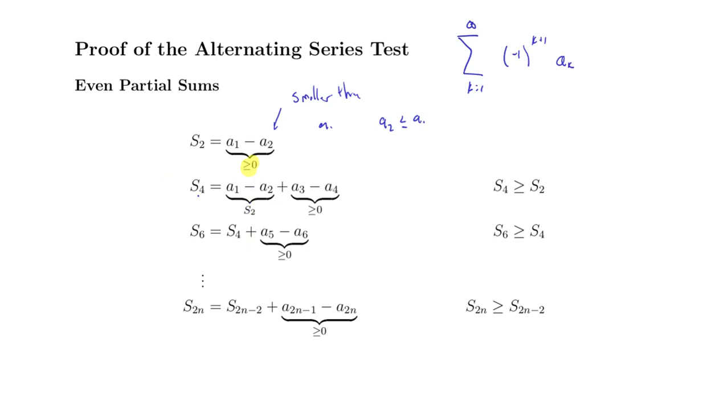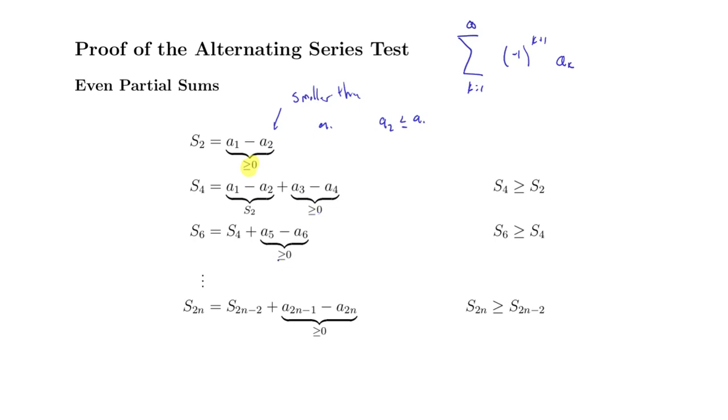All right, if we look at the first four terms, then notice this was s sub 2, which is greater than or equal to 0. Sure. But also, we're adding on a sub 3 minus a sub 4. And just because of this difference being positive, because we have this non-increasing sequence, same thing is happening here. So this is s sub 2 plus some non-negative number, meaning s sub 4 is greater than or equal to s sub 2, because we're adding something here, not subtracting.